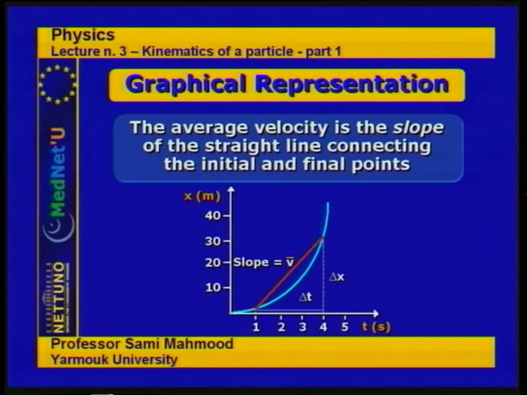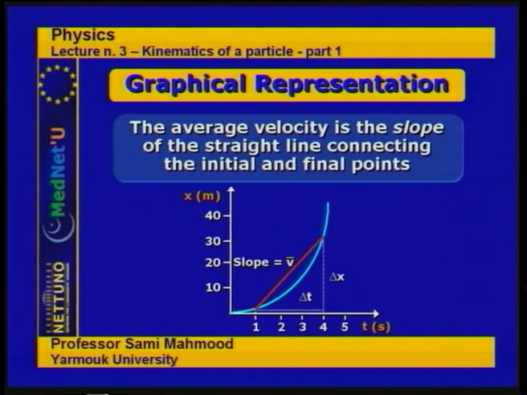If we plot the position x in meters on the vertical coordinate versus the time on the abscissa, or the horizontal coordinate, and if we consider this bright blue trajectory, which defines the motion of the particle with time, the change in its position with time, then the average velocity is simply the slope of the straight line connecting the point at the initial time and the point at the final time.